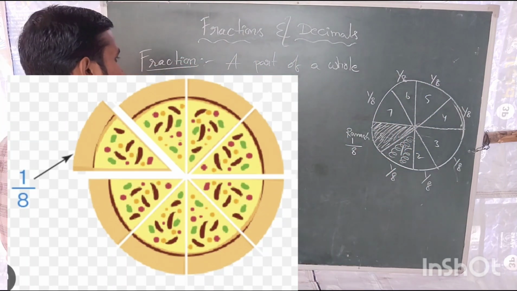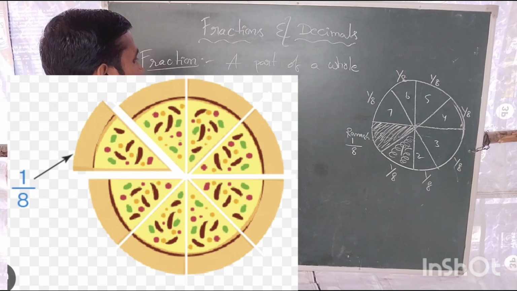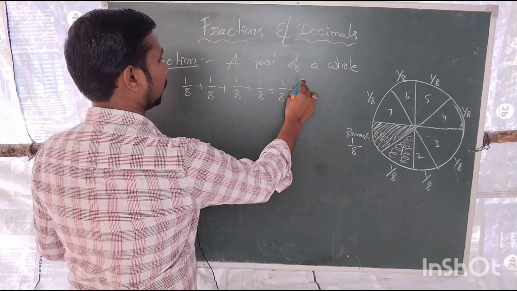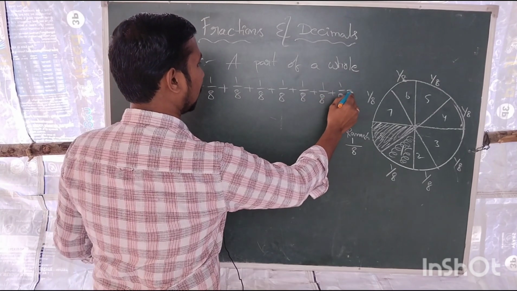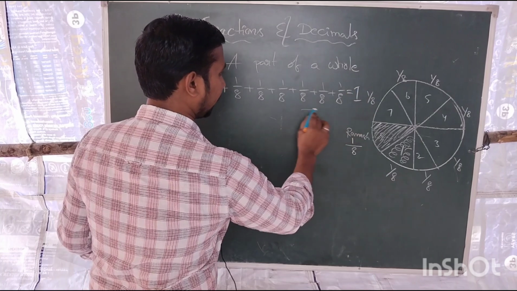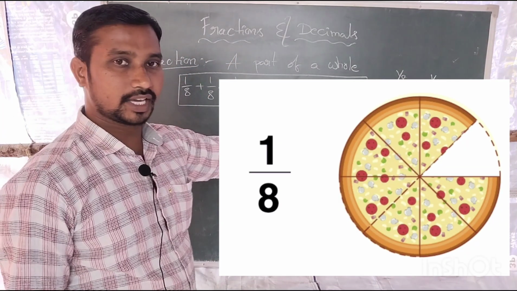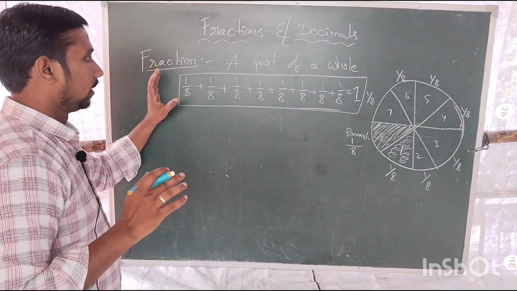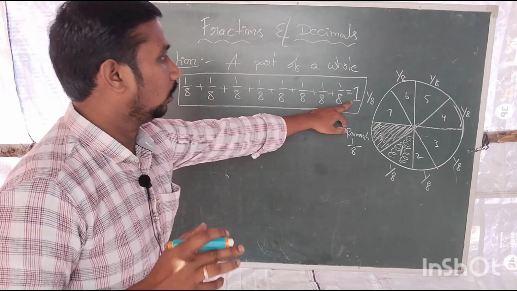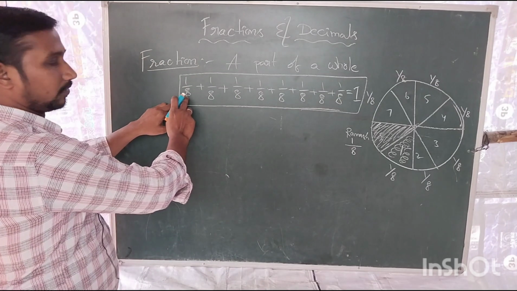Those 8 friends are having the one full cake. One full cake is divided into 8 parts. So it is called part of a whole. This is called a fraction, children.